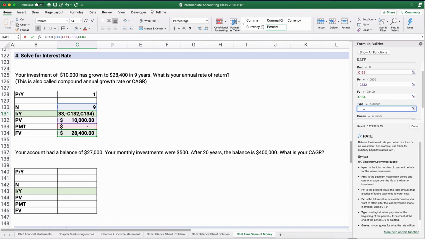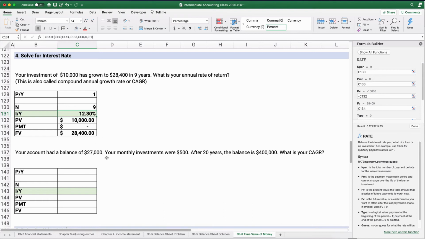The payments happen at the end of the period, and we have a chance to guess. We don't have to guess, but let's think our guess is 10%. So here is our answer. It is 12.3%. If our account went from 10,000 up to 28,400 in 9 years, then we earned 12.3%. It comes out to be an annual rate, and that's fine. That's how we do it.